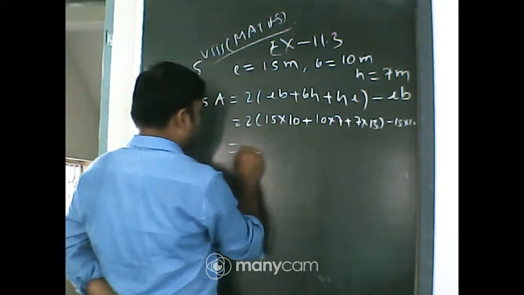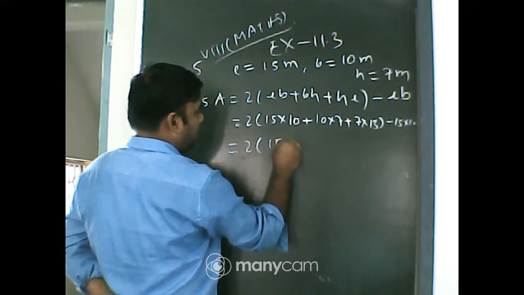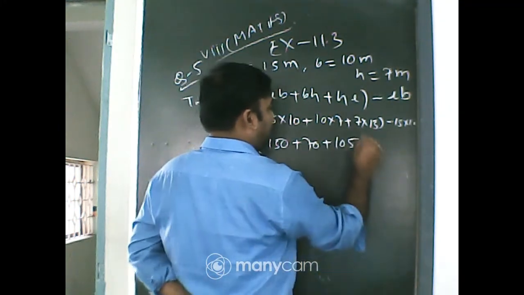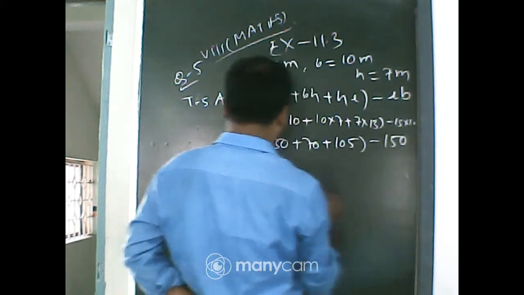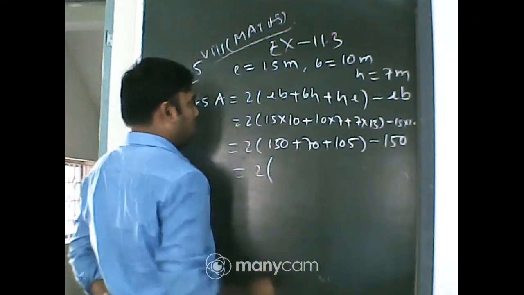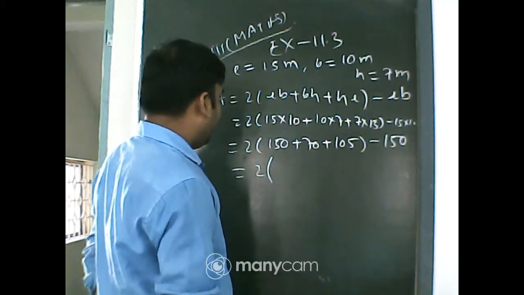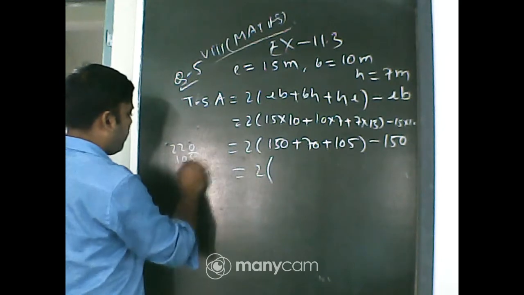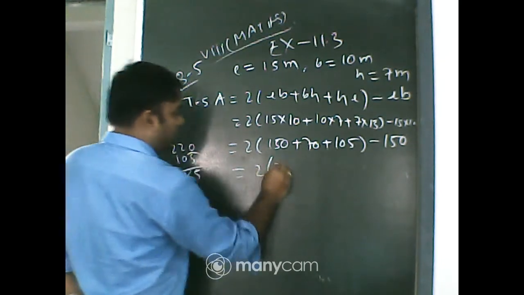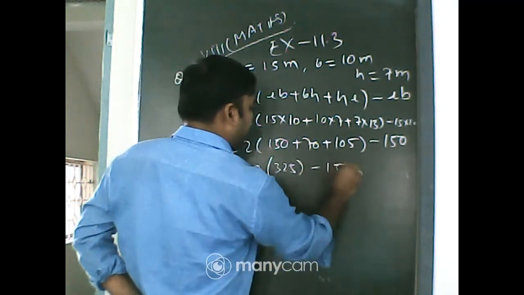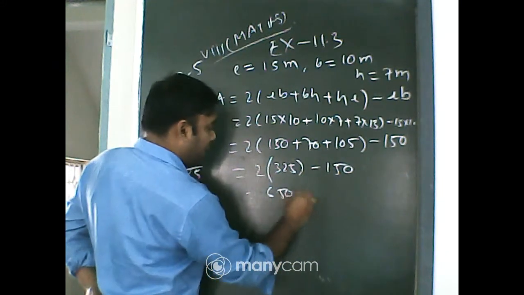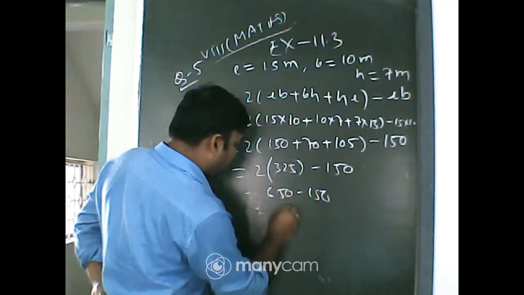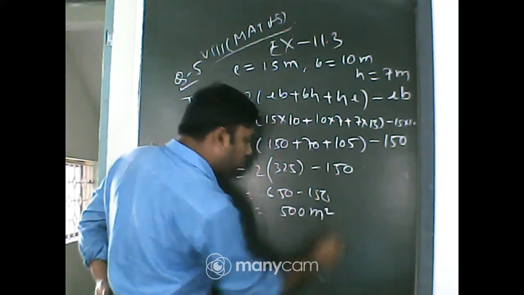So 2 into 150 plus 70 plus 105 minus 150. 150 and 70 is 220, 220 plus 105 is 325, so 650 minus 150. You will get 500 meter square.